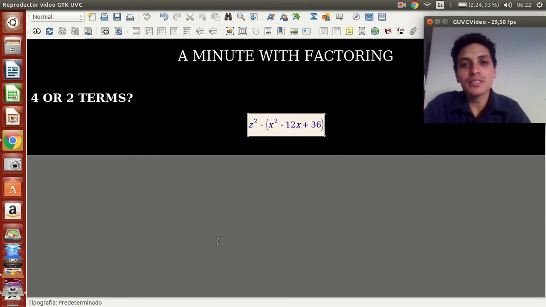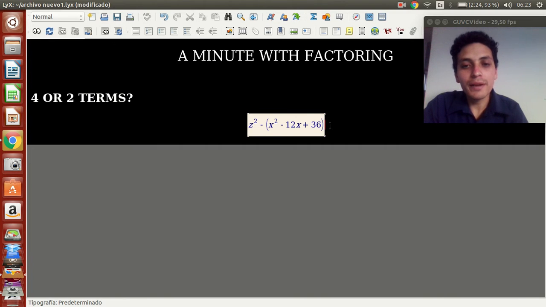Let's see, the first exercise we're going to work is factoring 4 or 2 terms. We have z squared minus (x squared minus 12x plus 36). So we have two options here. First, to determine if we have 2 or 4 terms, 1, 2, 3, 4 terms, or, if there is a parenthesis, it will mean 2.